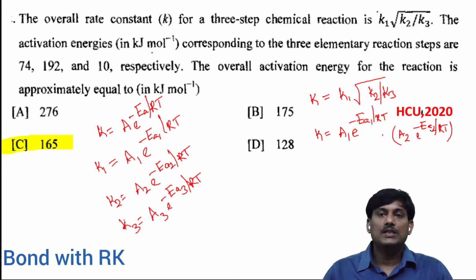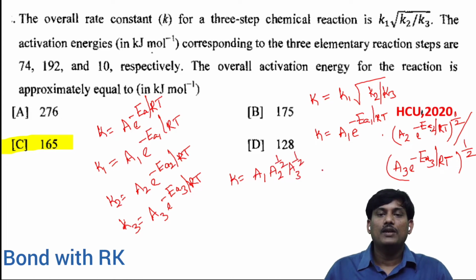Okay, there is a root term, so you will get 1 by 2, divided by root K3. So you will get A3 e power of minus Ea3 by RT, power 1 by 2. So the overall rate constant will be K is equal to A1 into A2 power of 1 by 2, A3 power of 1 by 2.